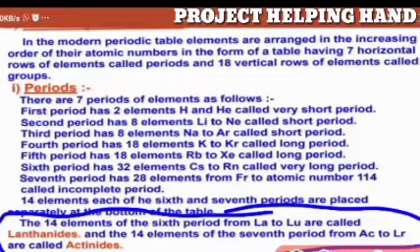What is the first element in lanthanide? What is the fourth element? From which atomic number to which atomic number is the lanthanide series? From which atomic number to which atomic number is the actinide series? What are the lanthanide and actinide series? And why are they placed separately below the periodic table? Those questions can come.